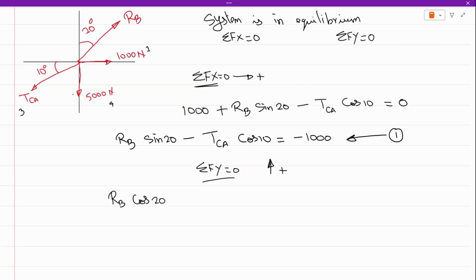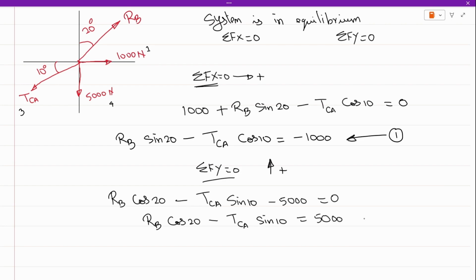TCA, bring it to y, negative y-axis, so minus TCA sin 10 since the angle is increasing. Then 5000 is downward, so minus 5000. This is equal to 0, which I can write as RB cos 20 minus TCA sin 10 equal to 5000. This is my equation number 2.